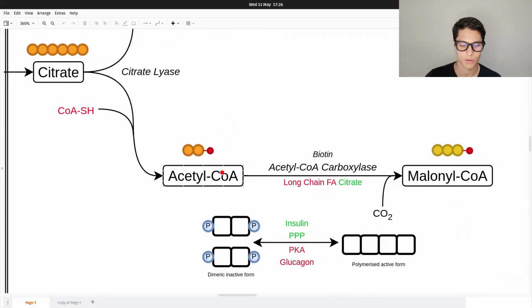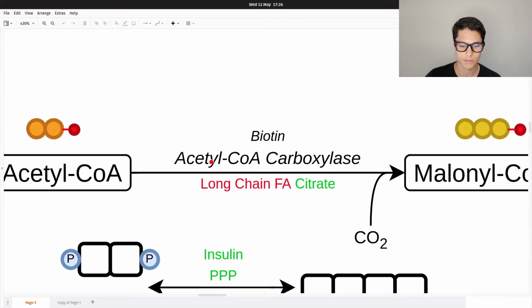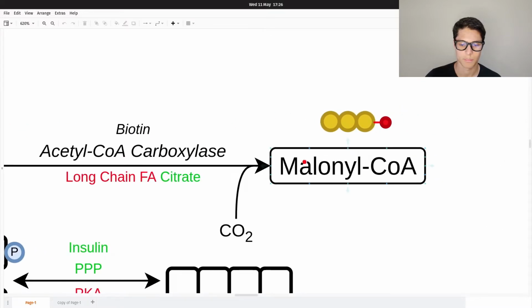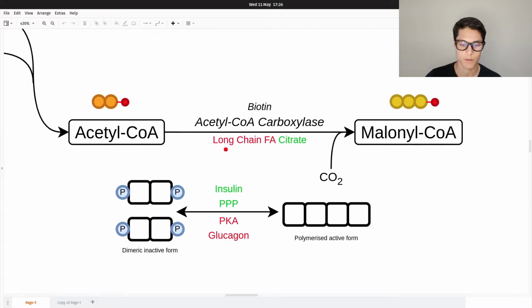So we get acetyl-CoA, and then a special enzyme called acetyl-CoA carboxylase creates malonyl-CoA. Okay, so what is that? This enzyme is very important, and it depends on biotin, which is vitamin B7 or B8, depending on the literature.